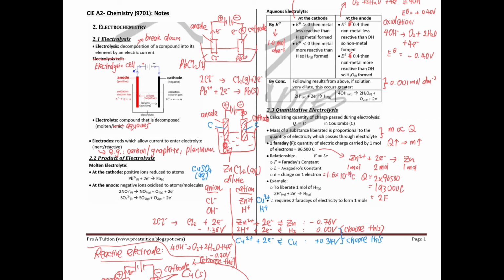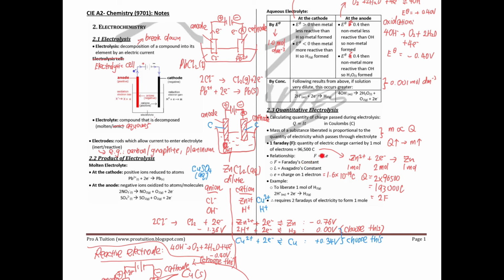Be careful with this. This is 1 electron. Just now, it is 1 mole of electron. 1 mole of electron is a lot of electrons, 6.02 times 10 to the power of 23 electrons. So that much of electron carry this much of charge. So 1 electron carry a little bit of charge on it. So it's a very small value.